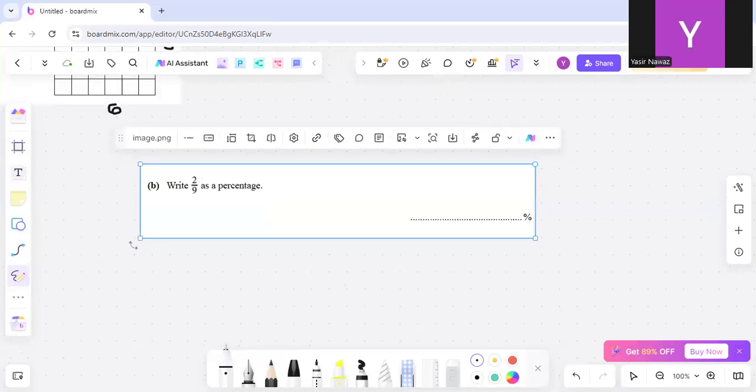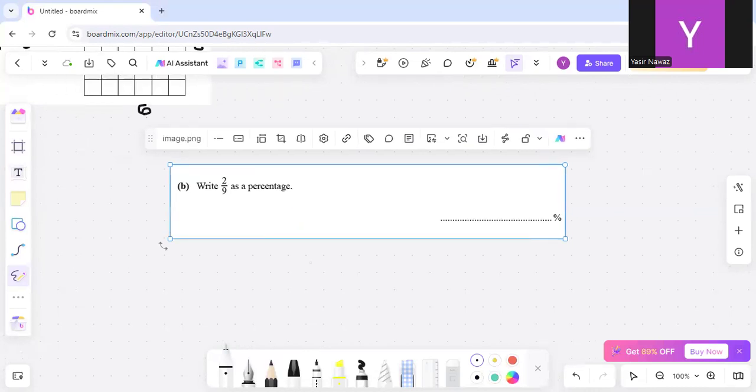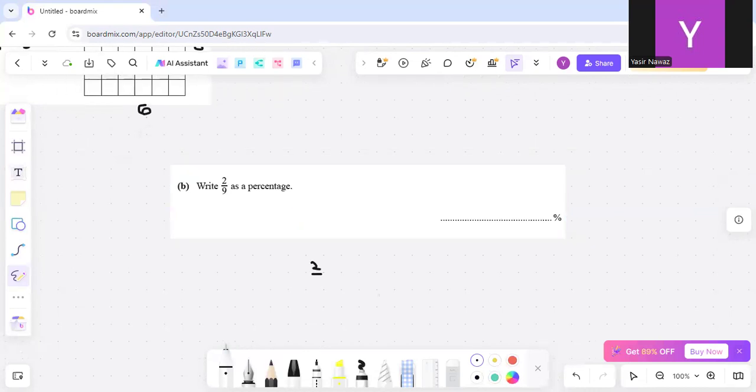Write 2 by 9 as a percentage. So percentage is out of 100. It is a fraction, 2 by 9. So out of 100, how much would it be? I will just multiply with 100.